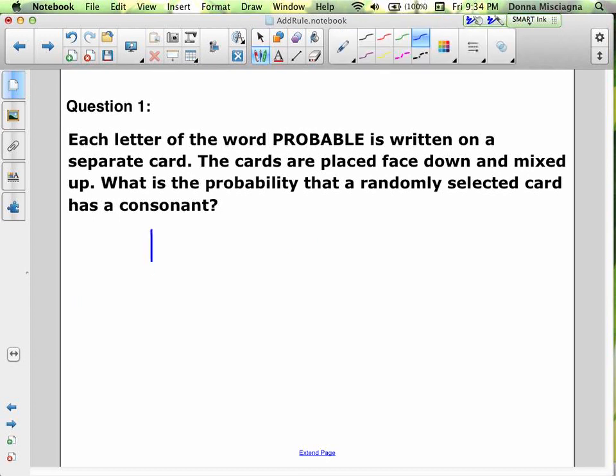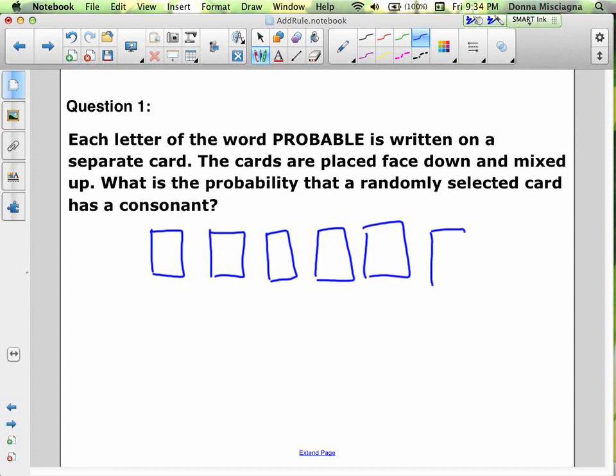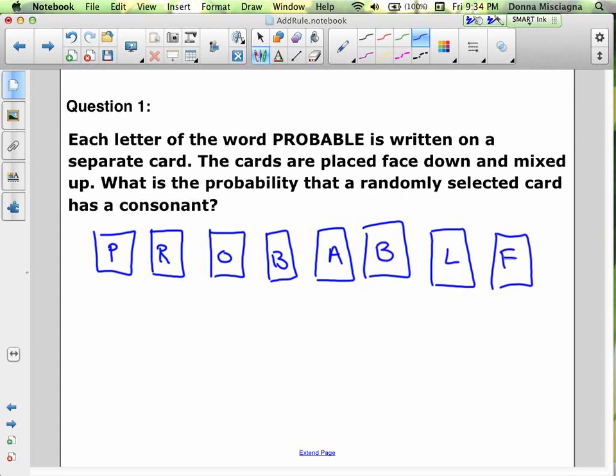All right, so I have P, R, O, B, A, B, L, running out of space, got more space over here. Okay, so here's our cards, and you can draw this out in the space that you have in your notes. Each of these cards has a letter on it, and together all the letters spell probable.